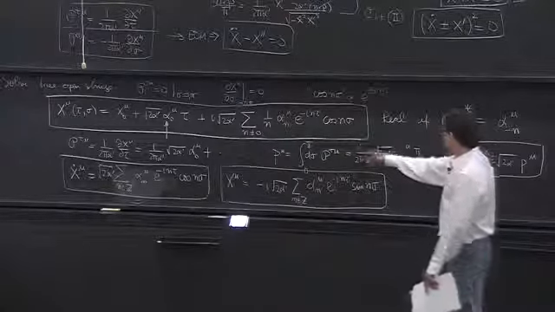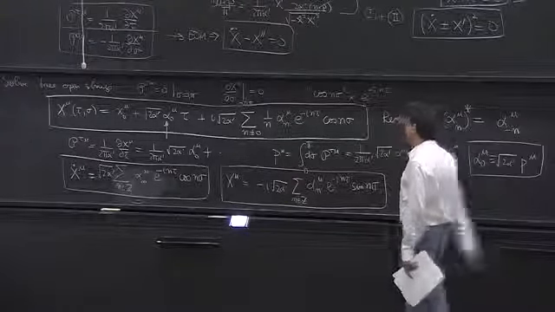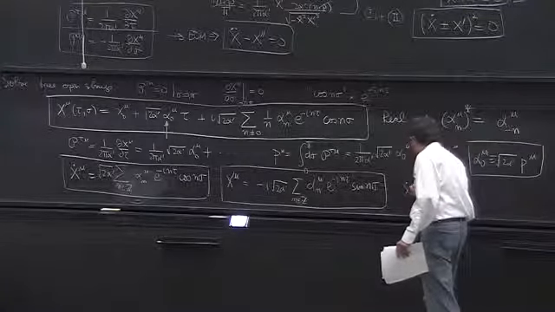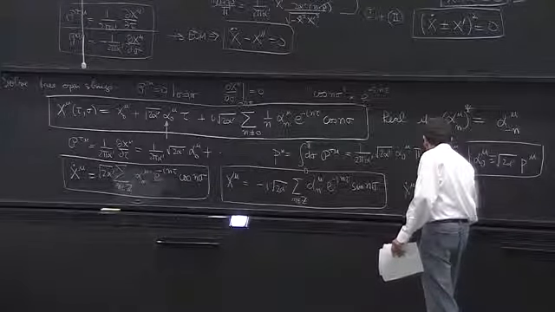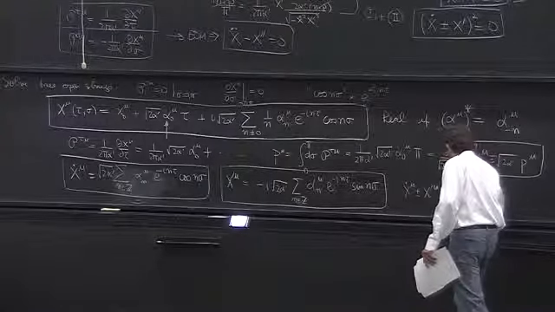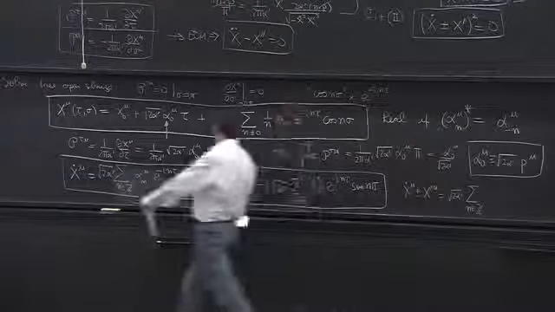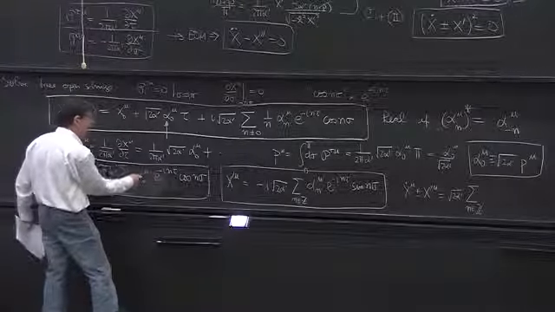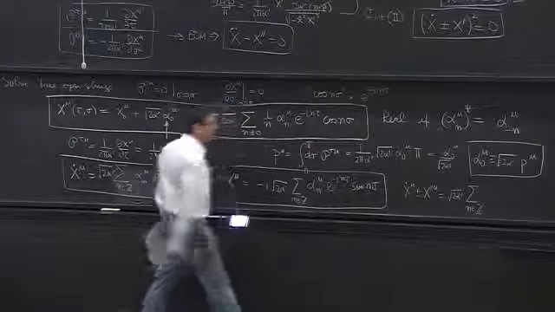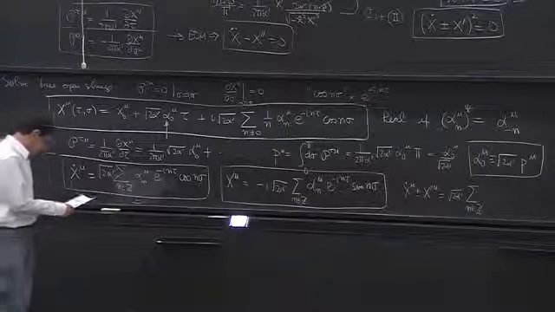And now they look very similar. And that was also the reason we did these things like that. Because now I can combine x dot mu plus minus x prime mu. And what do I get? Well, I get square root of 2 alpha prime, sum over n belonging to the integers. And look, you have the same coefficient, alpha n e to the minus i n tau, and then cosine n sigma minus i sine of n sigma. So it combines to an exponential. It's really well done, this thing.